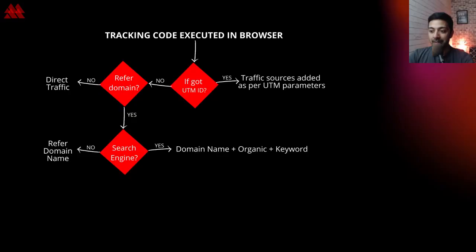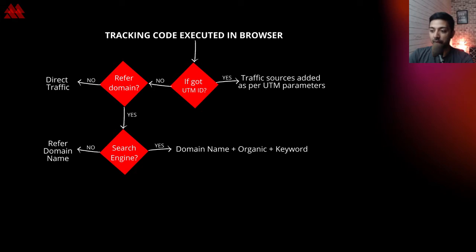So to understand these traffic sources in a better way, let's first understand what happens when a website is opened in a web browser and how Google Analytics actually captures all these things. So we start at the very top level where a website is opened in a web browser and the Google Analytics code gets executed in the browser.